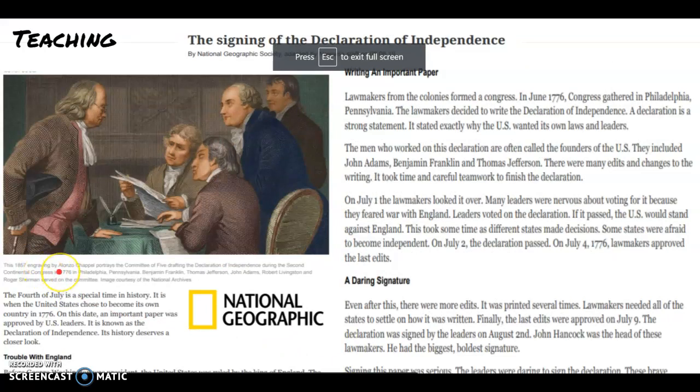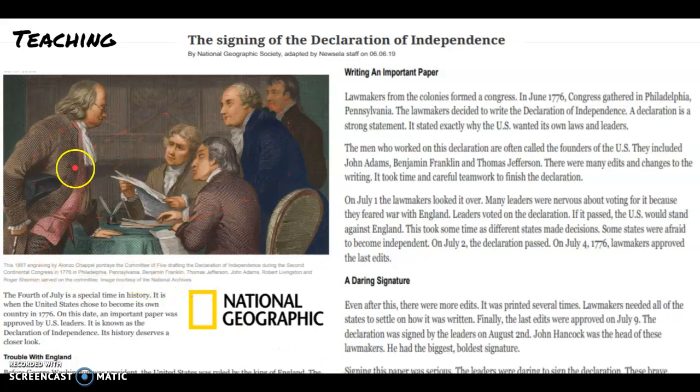All right. So we're going to read this text first. So right now I need you guys to listen, and we're going to pull out some of the most important parts, the main idea and the details. So here's a picture.